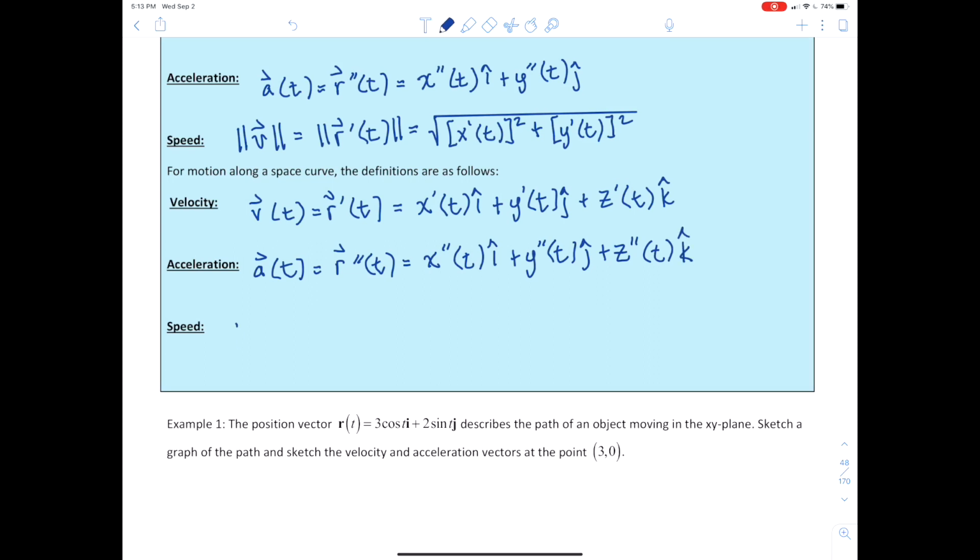And again, the speed is going to be the magnitude of v(t). I should have written v(t) over here.